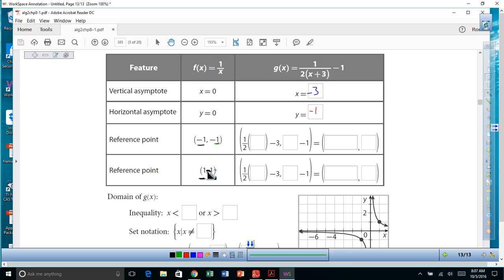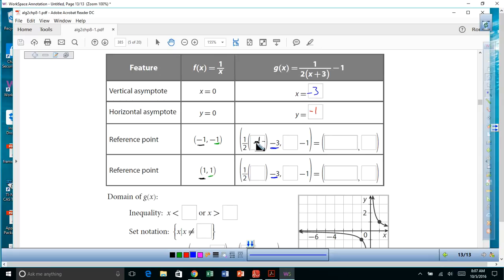Okay, so 1/2 times -1 minus 3, and that's your -3. 1/2 times -1 minus 3.